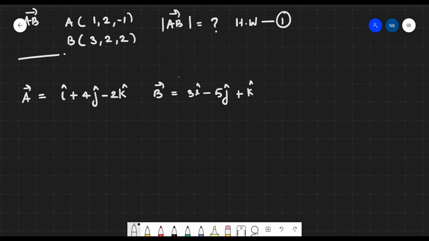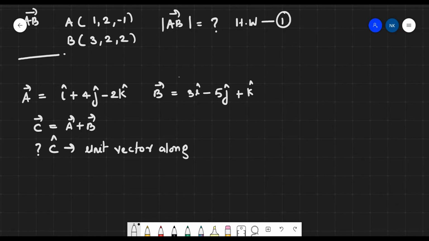Now vector C is equal to vector A plus vector B. Now the question is, what is C cap? That means you need to find out a unit vector along the resultant of vector A plus vector B.